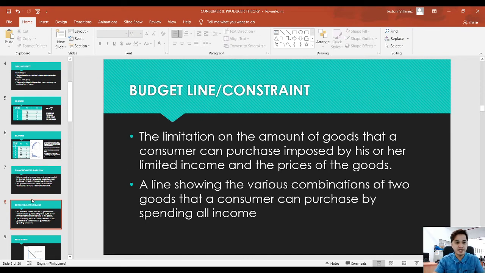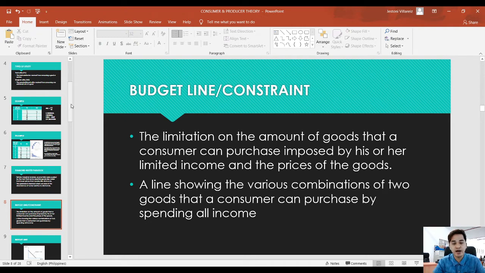Okay, next. Now, this one is not included in the learning guide that I gave you. Again, the topics in the curriculum were shortened under COVID. Now, this is a very important limitation or constraint that consumers face in making economic decisions: budget or income.